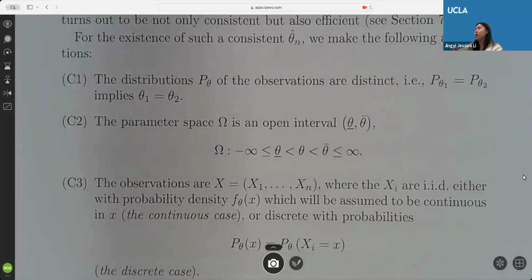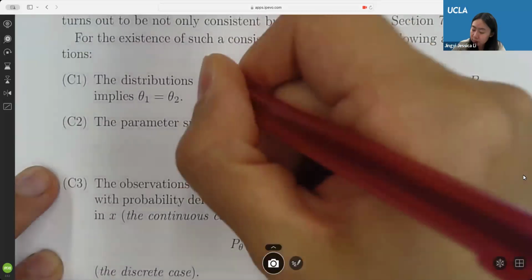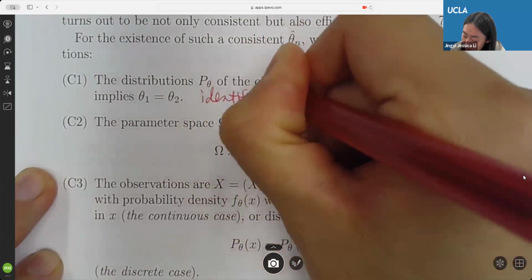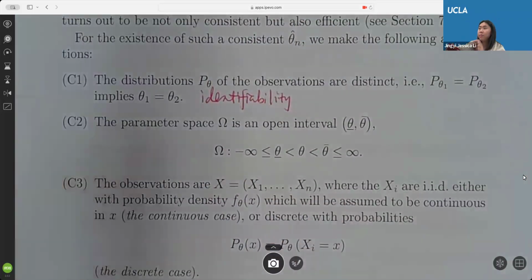And this is called identifiability. Otherwise, you will have a serious problem. That means by maximizing the likelihood, it doesn't mean that you get a unique value, right? It could be two values that give you the same likelihood function value. Then you cannot tell which one is the better estimator.